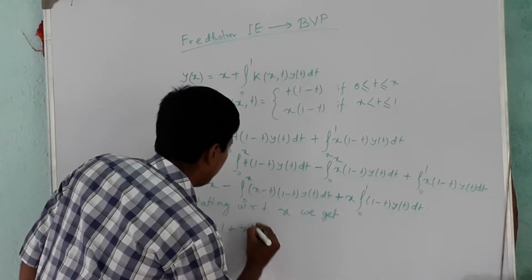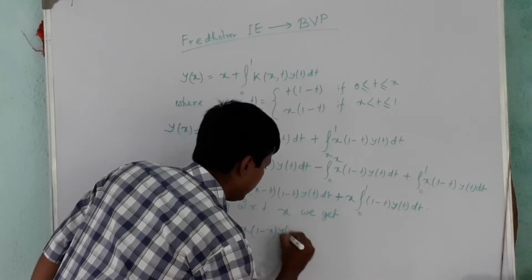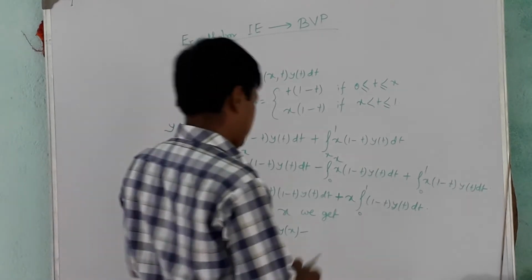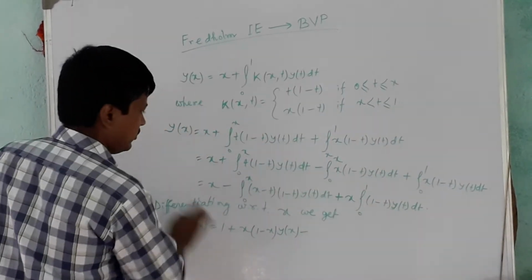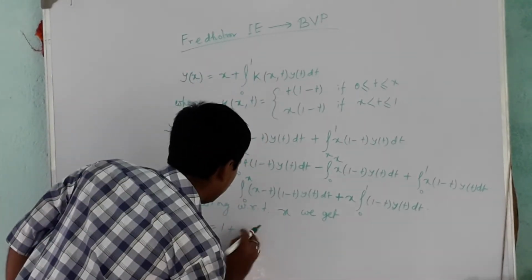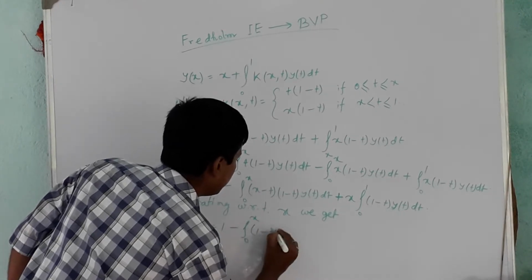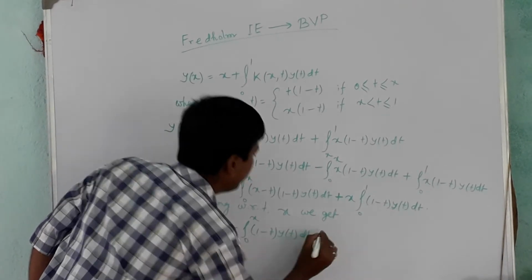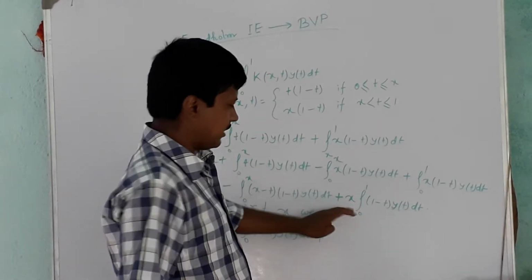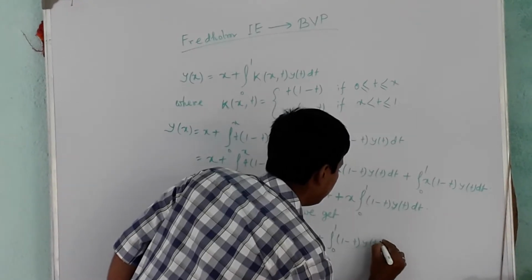We need to take the derivative of this function, so this is ultimately minus the integral from 0 to x of (1 minus t) y(t) dt, plus, since this part is a constant and it is x, we get only the integral from 0 to 1 of (1 minus t) y(t) dt.